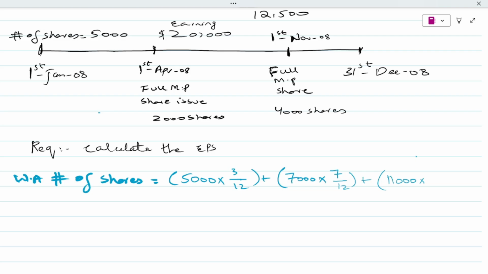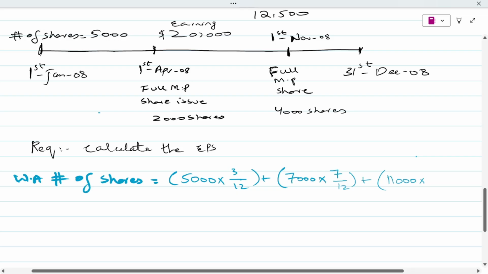So November and December, 2 months. Remember that we count the entire month of December because it's 31st, which means the entire month of December has passed. So into 2 over 12. So my weighted average number of shares is going to be 7166 shares.